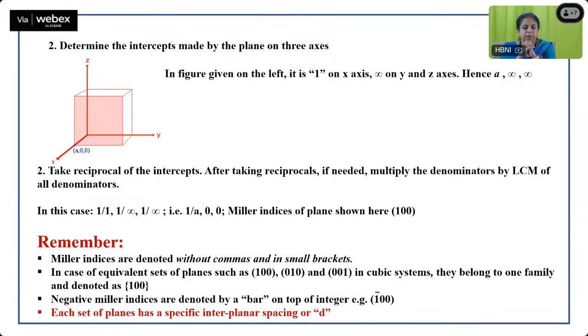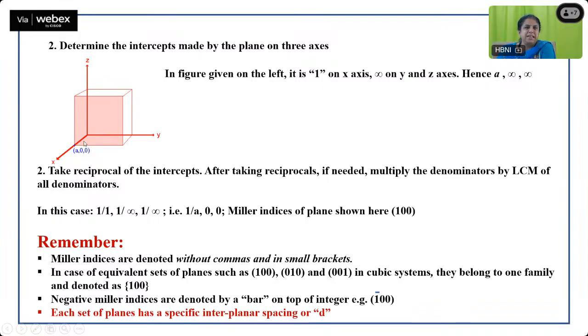Now, how do I determine the Miller indices of the plane? Suppose I am considering the plane which is shaded in this figure. Simply, you first consider the intercepts this plane makes on your x, y, and z axes.